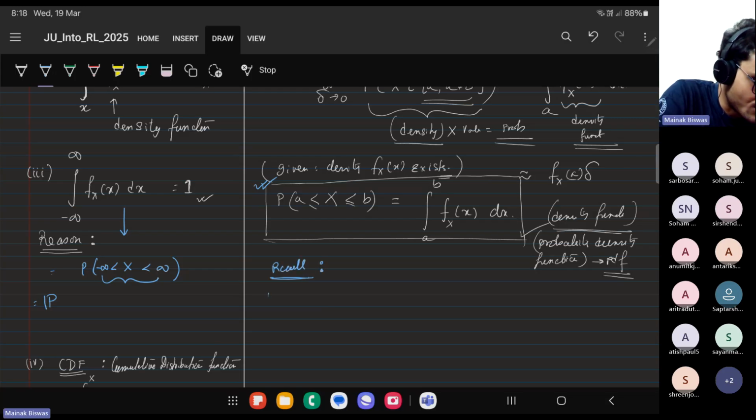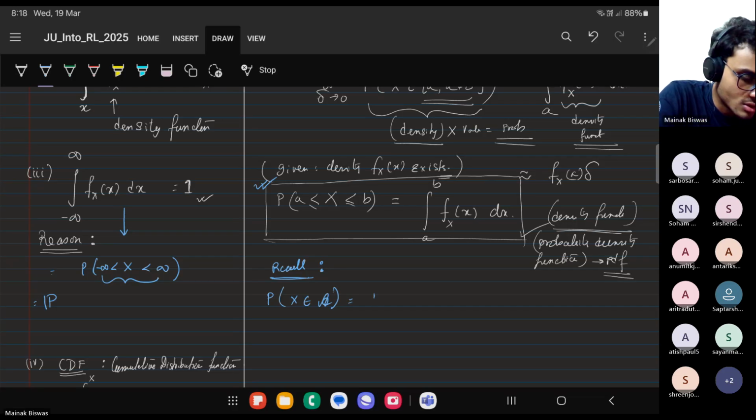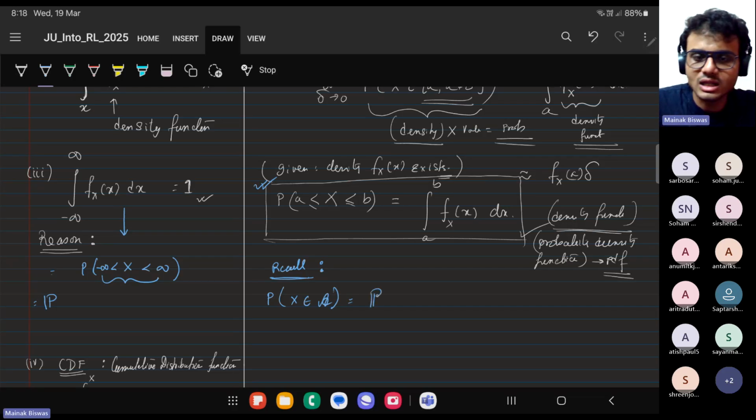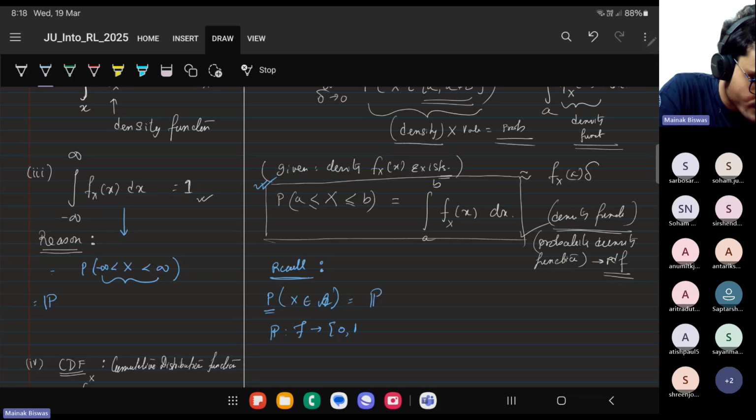What did we say? The probability of x belonging to a region A was equal to... because you remember, right? What is P defined on? Last day we said P is a mapping from the event space to [0, 1]. An event space is subsets of the sample space.